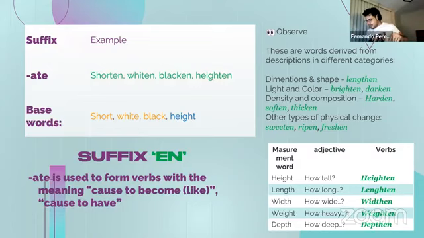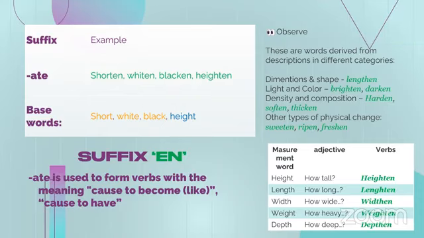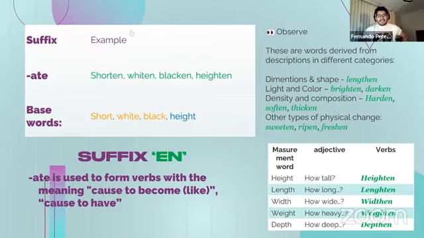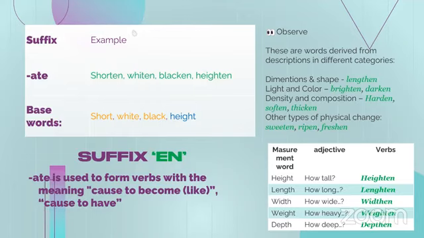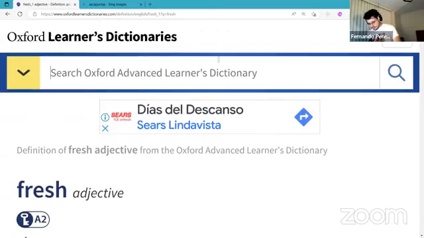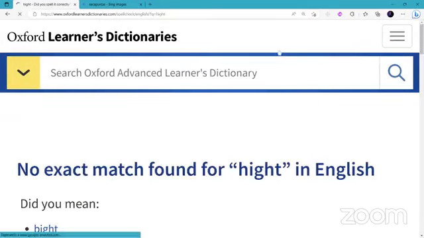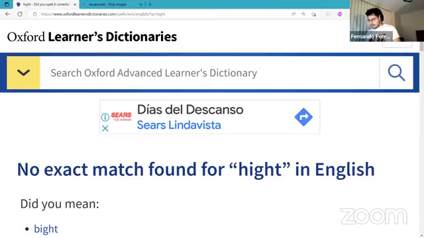Go, Isaac. I will need to heighten my new fridge because my door is small, and I'm not sure it will pass through it. You will need to heighten. Okay, wait. First, the pronunciation. How do you pronounce this? Heighten. First, the word is height.